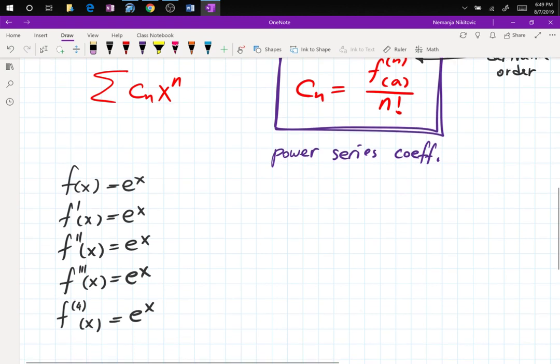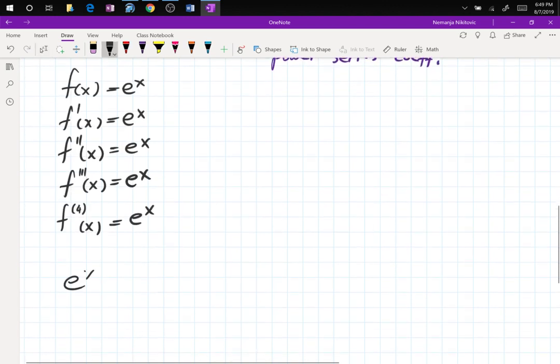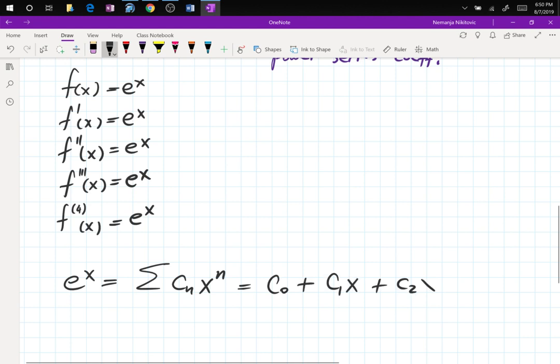So we have all of these. It is time for us to put the power series for e to the x, which is given by power series Cn x to the n, which is given by C0 plus C1x plus C2x squared plus C3x cubed plus C4x to the 4.